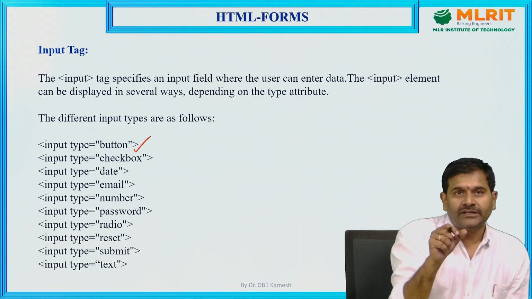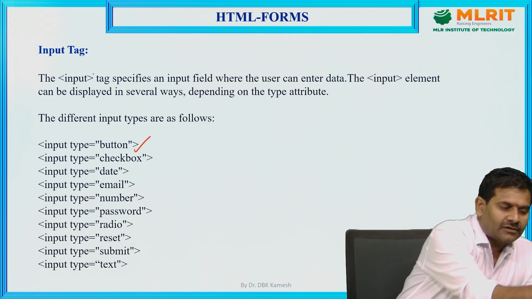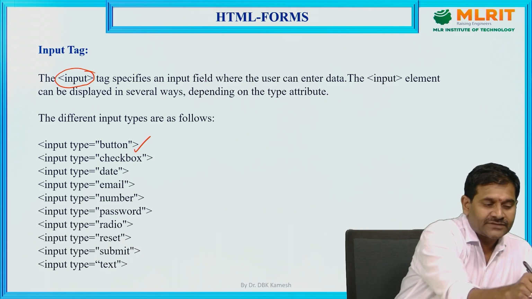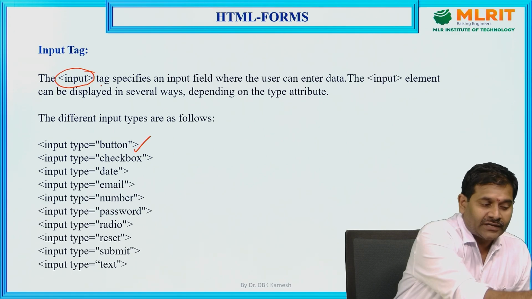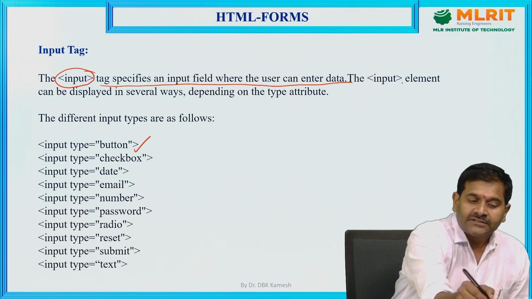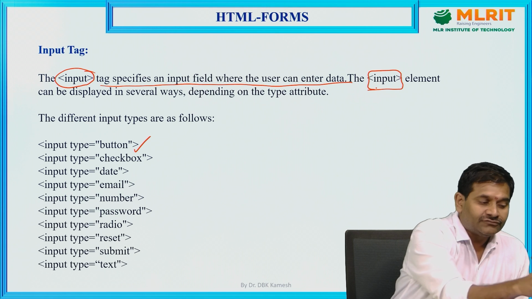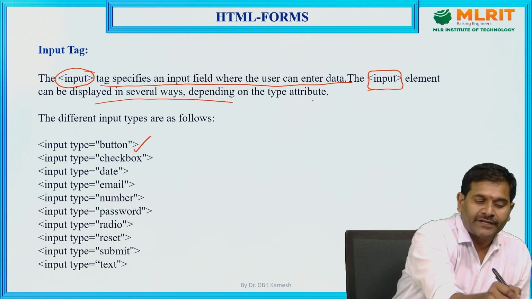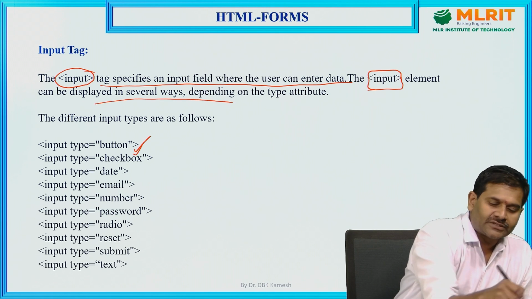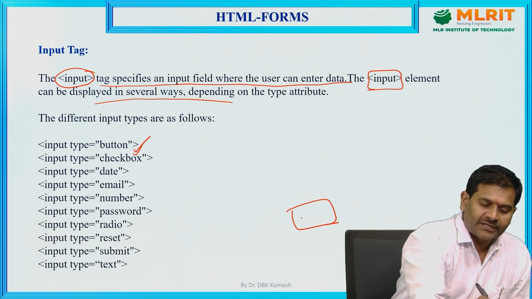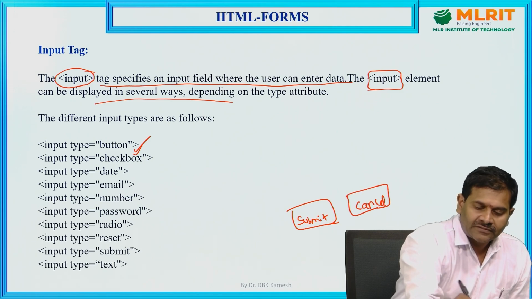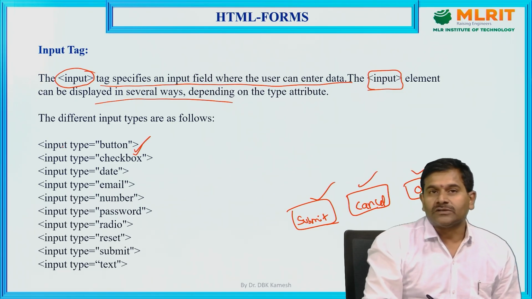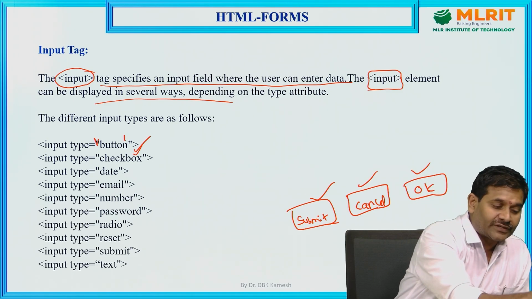The input tag specifies an input field where the user can enter data. This element can be displayed in several ways depending on the type attribute. The first one is button, like submit or cancel. These are the buttons we can show, so input type equals button within the code.